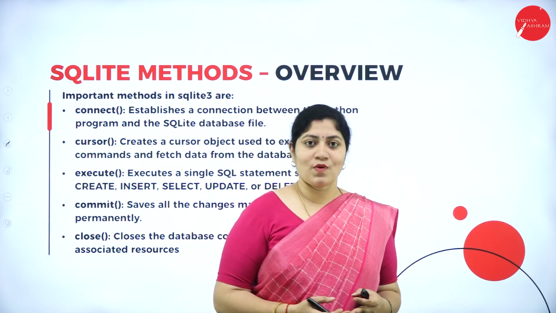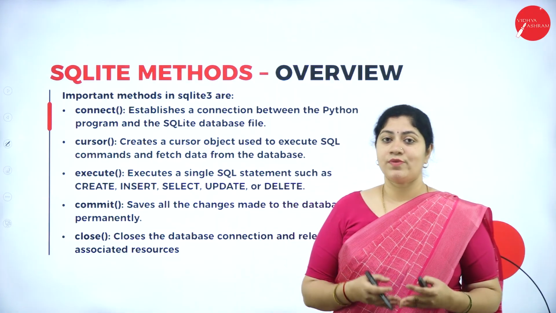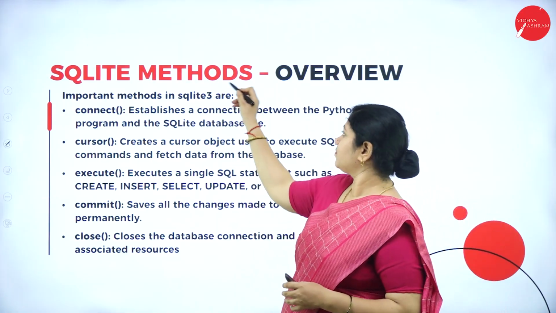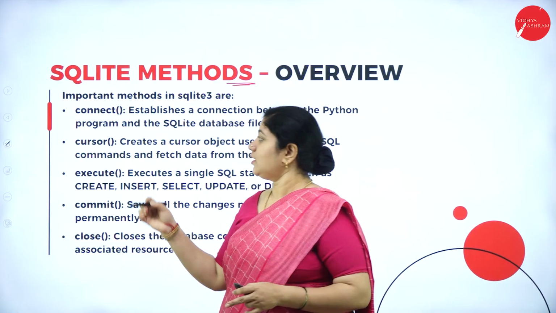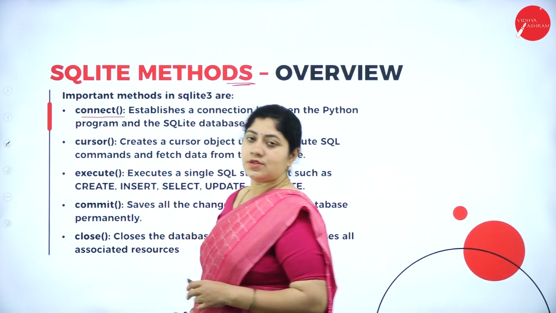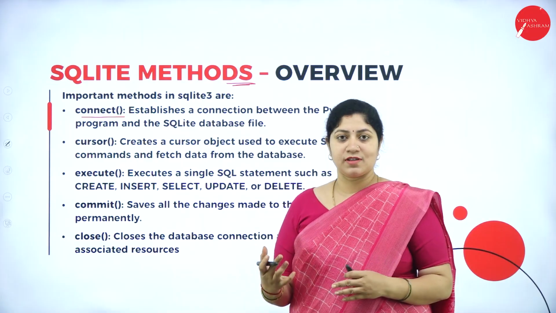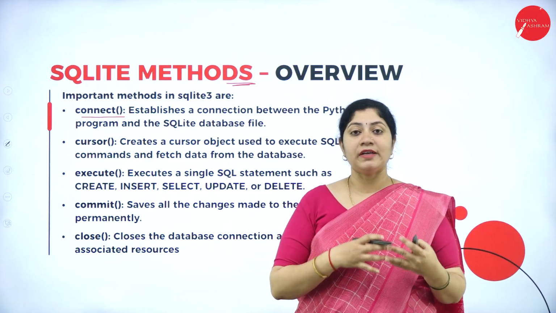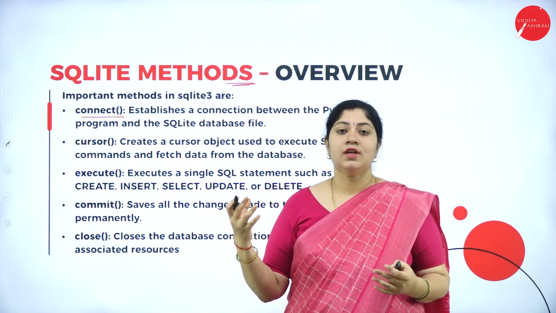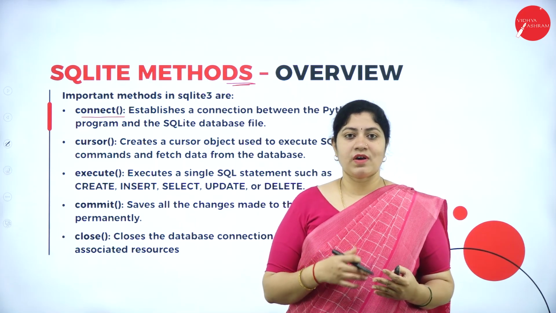All right, now let's move forward with sqlite3 methods. The first method is connect. This is a SQLite method, as the name itself says. It is used to connect a Python program and a SQLite database file.